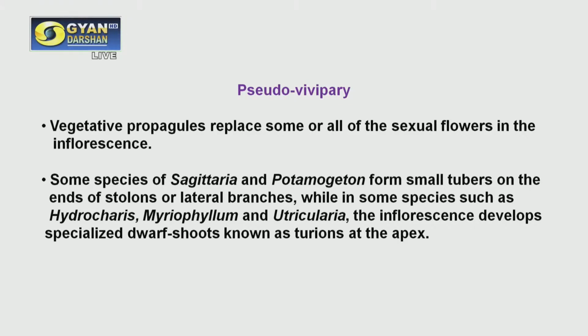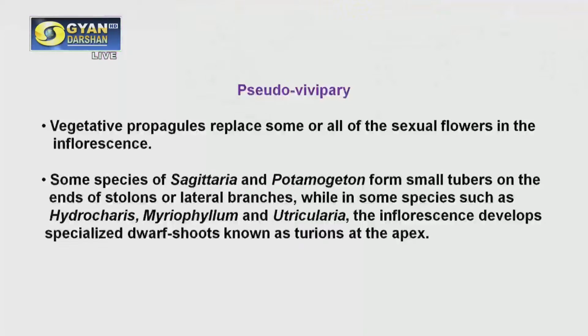Normally you have very little development of sexual flowers, because as I said, the mode of reproduction is vegetative. Sometimes small tubers are formed on the ends of the stolons or lateral branches, while there are certain species where the inflorescence develops dwarf shoots known as turions at the apex.